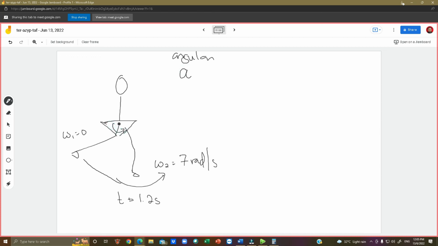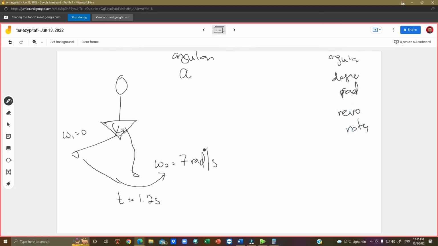Dia selalu tanya kawan tu, pasal dia akan cerita benda yang bergerak saja, which is your angular part. What is the acceleration value of the hip if the unmovable leg becomes 7 radian per second under 1.2 second? Okay, ingat tadi, angular kita boleh cerita in term of degree, in term of radian, in term of revolution, in term of rotation.